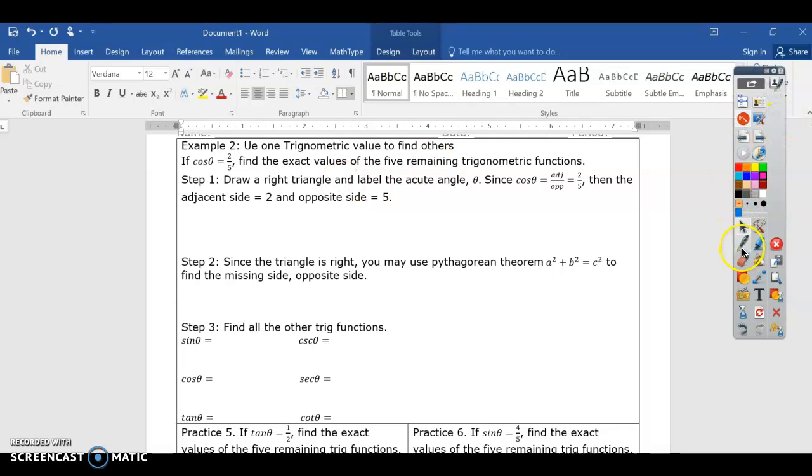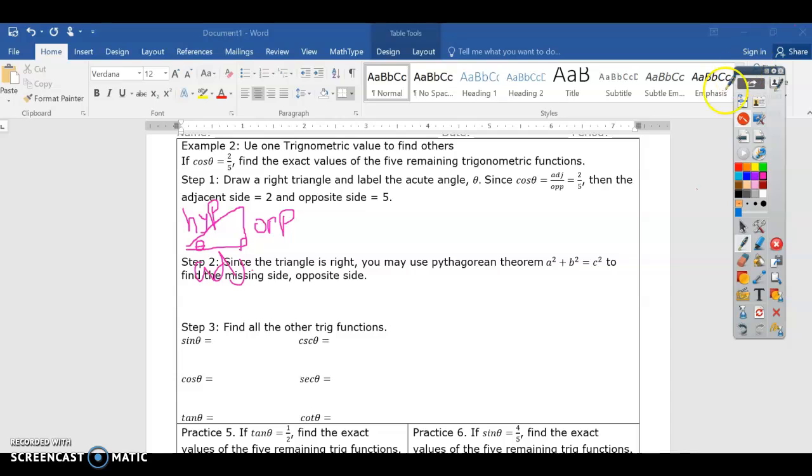Step 1 is to draw a right triangle. One of my angles is going to be theta. Based on that, I'm going to label my opposite, my hypotenuse, and my adjacent sides.